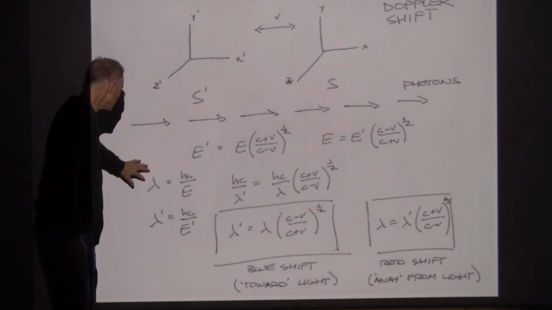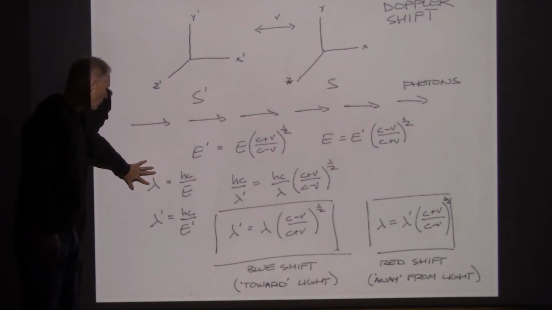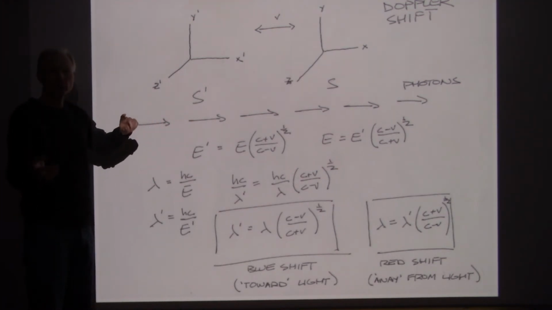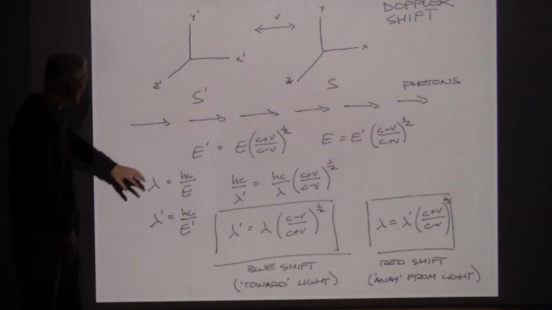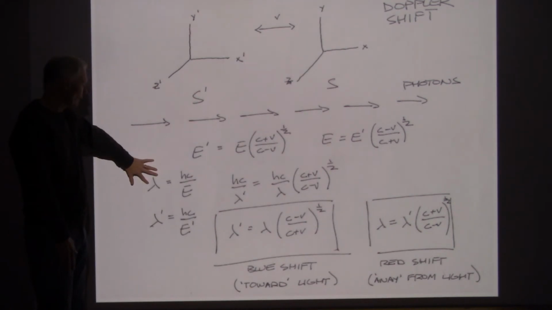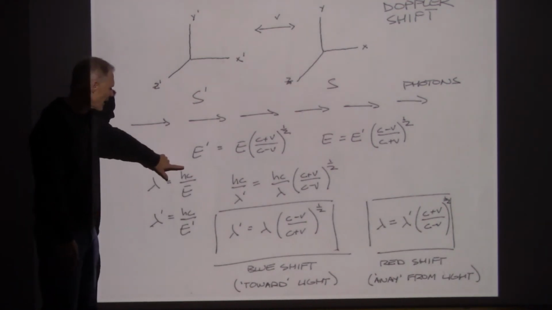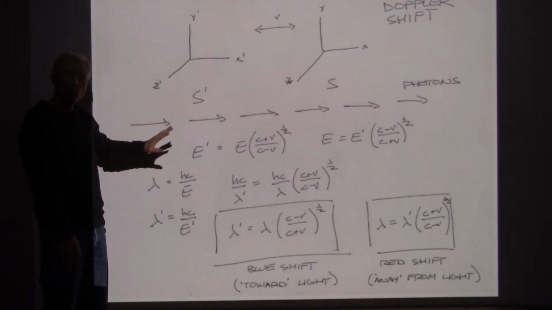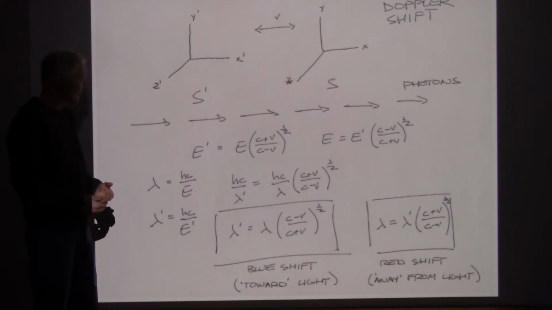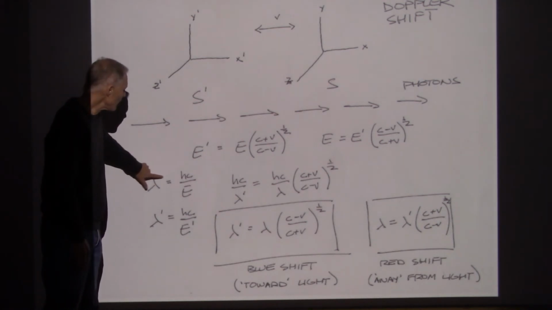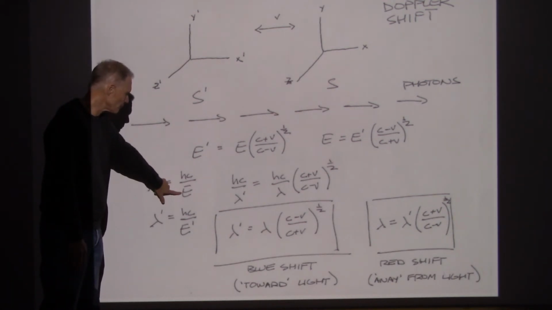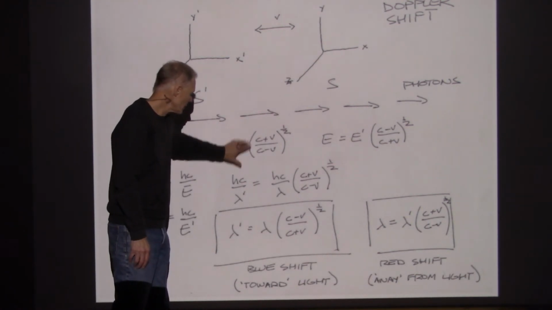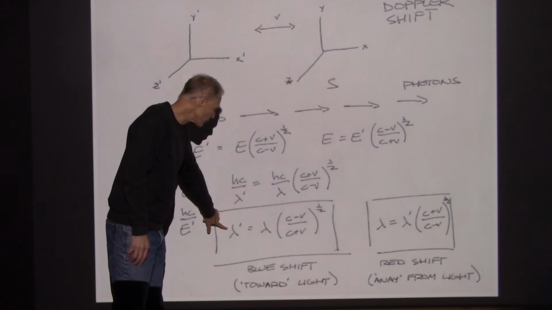Now, quantum mechanics tells us that the wavelength of a particle, a photon, an electron, a proton, whatever, is given by Planck's constant, which we'll see in a few weeks, so we're not there yet. You may have seen this in some other classes. But the wavelength depends on the energy. And so I can take the energy formulas that we just derived and turn those into wavelength formulas.